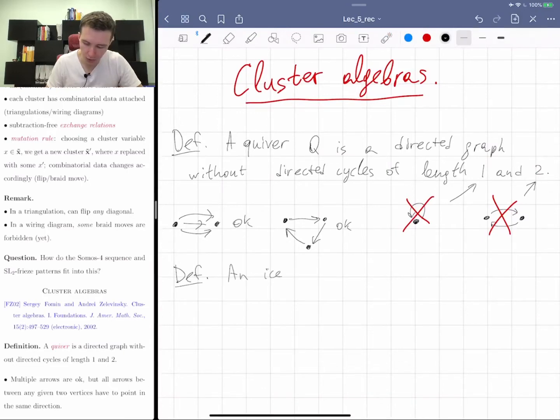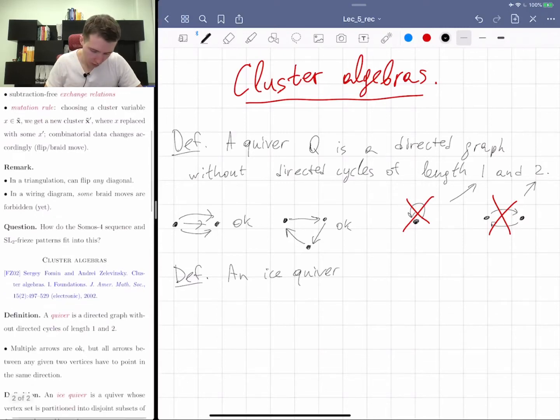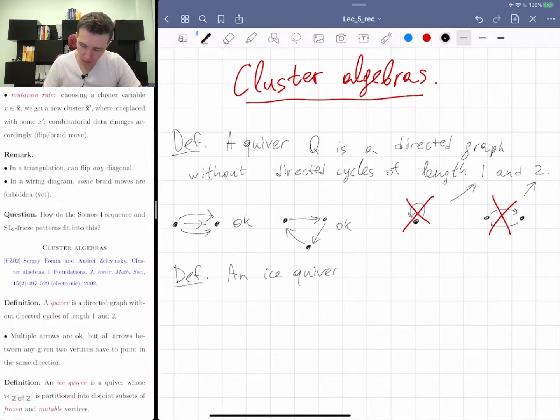An ice quiver is a quiver together with some fixed subset of what are called frozen vertices.